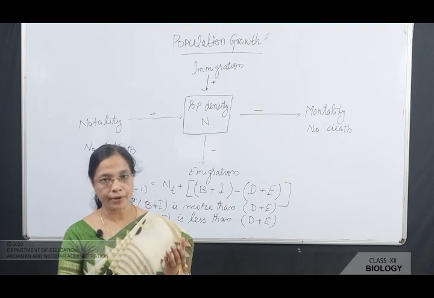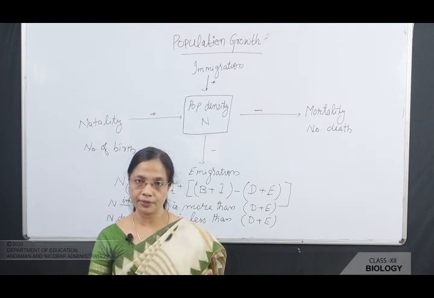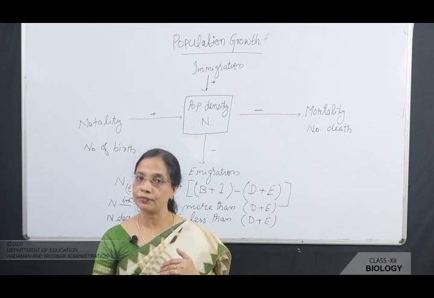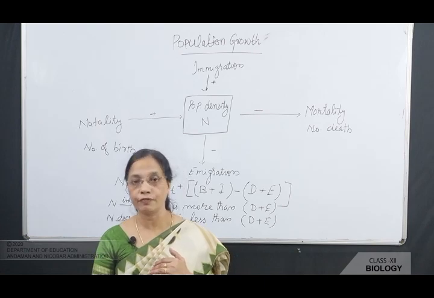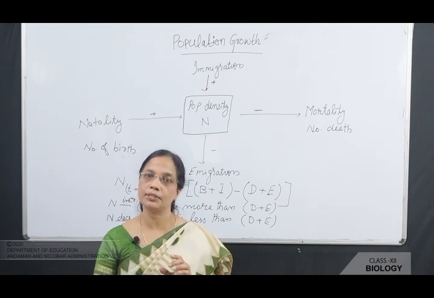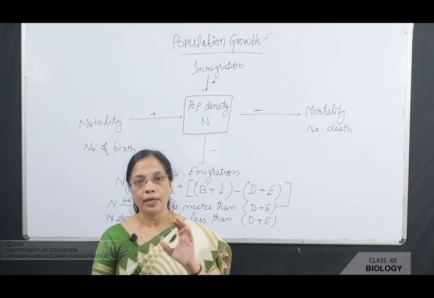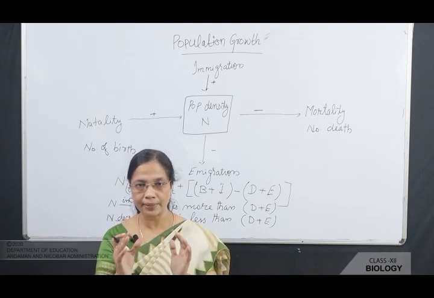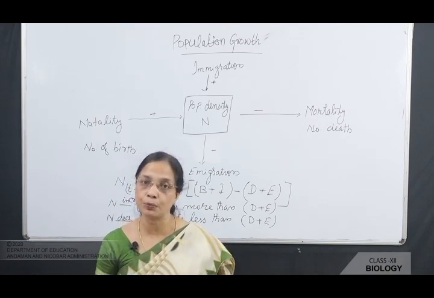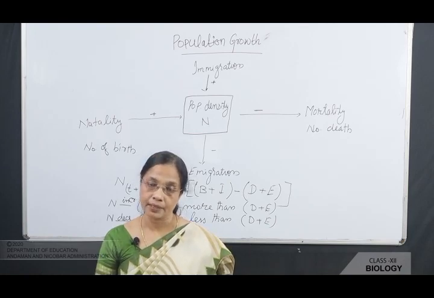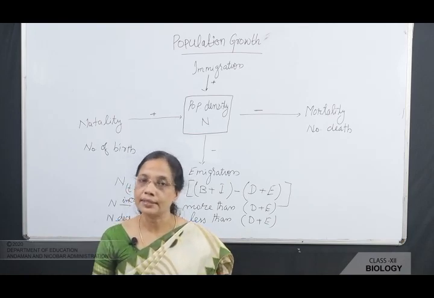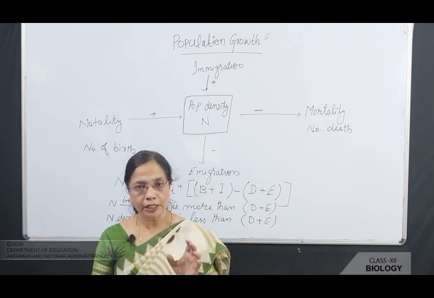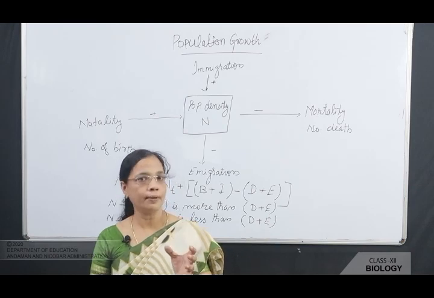The pre-reproductive age is before the reproductive period, that means in human beings below 14 years, and post-reproductive in human beings is above 50 years, and in between comes the reproductive. Now, when we group these age groups in particular brackets, we get an age pyramid. The age pyramid is divided into three, that is expanding, stable and declining. Okay, age pyramids give the status of the population.